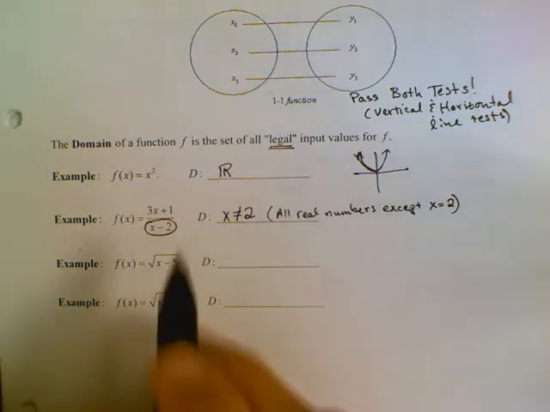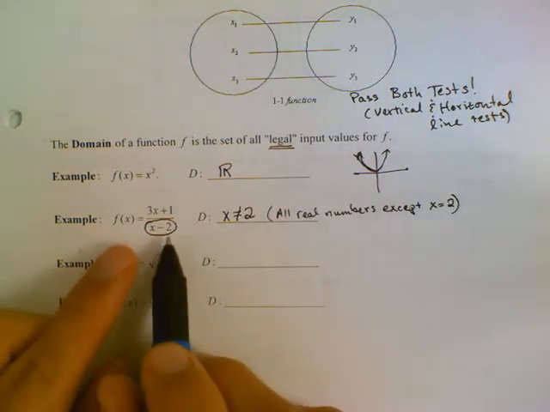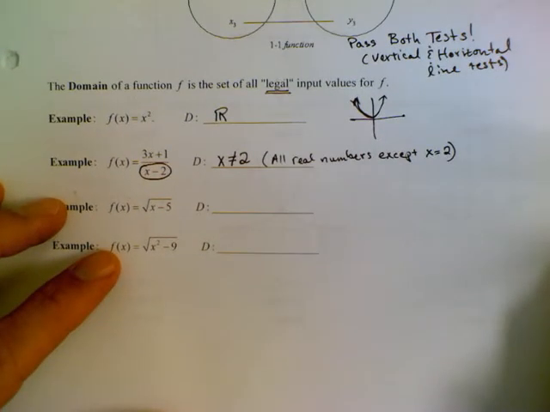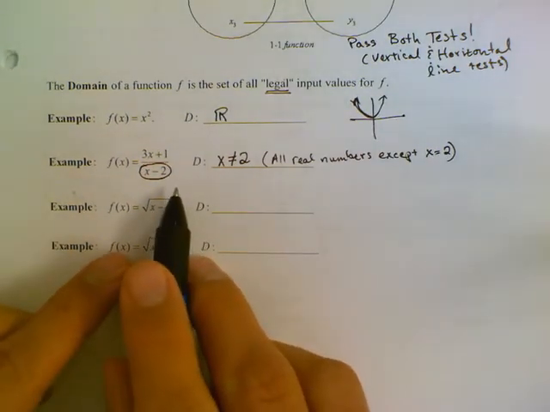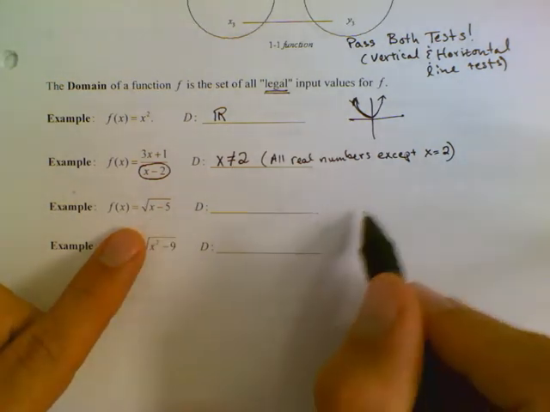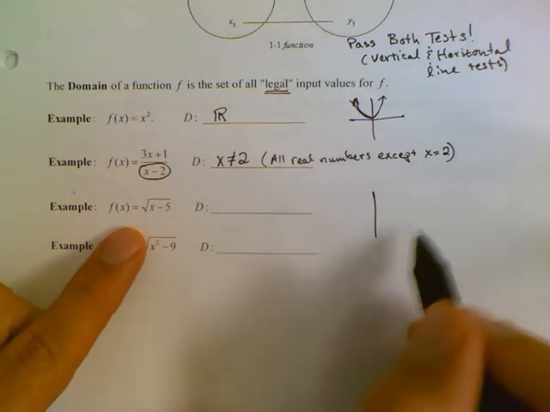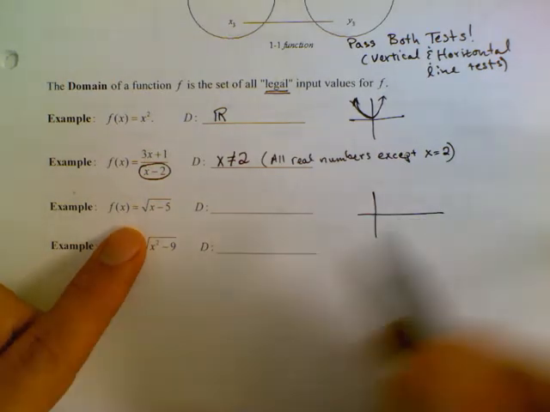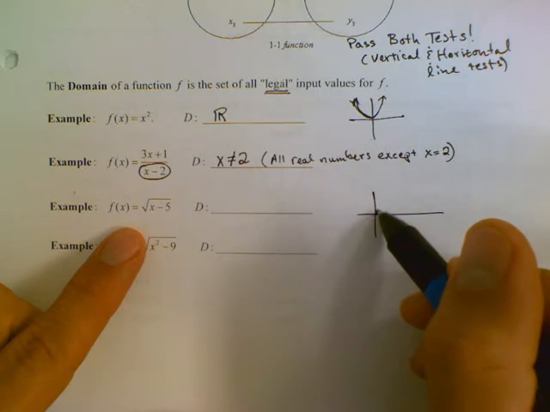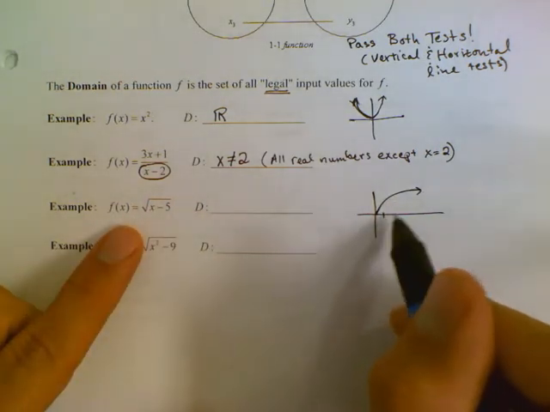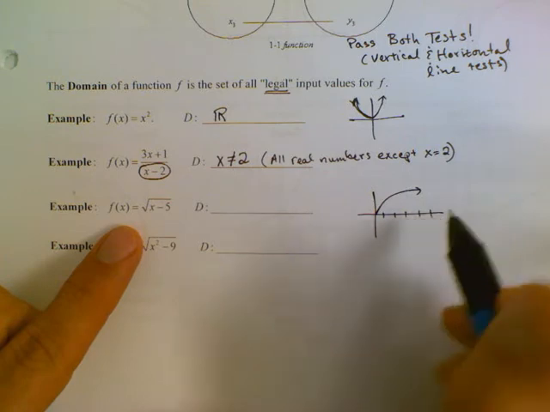If you looked at the graph on that one, you would see some kind of vertical asymptote more than likely at x equals 2. Here's the square root function, which I told you we'll be using a lot. This is square root of x, but this one is square root of x minus 5, so that one needs to be moved over to the right 5.